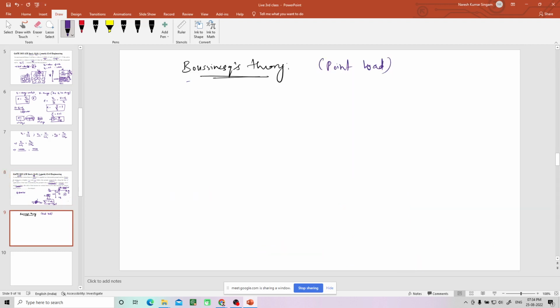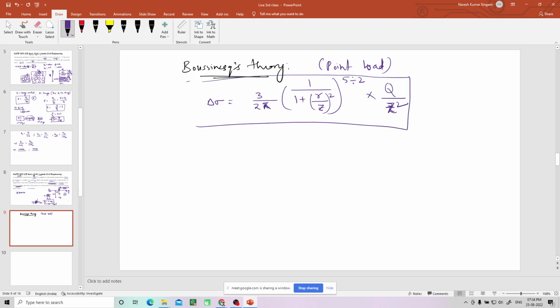Now the equation is delta sigma equals 3 by 2 pi into 1 by (1 plus (r by z) square) to the power 5 by 2, into Q by z square. This is the formula; you can see any standard book. I can't derive this now.